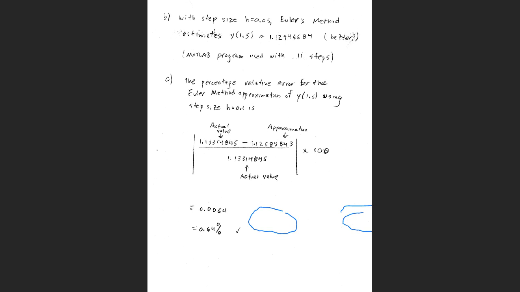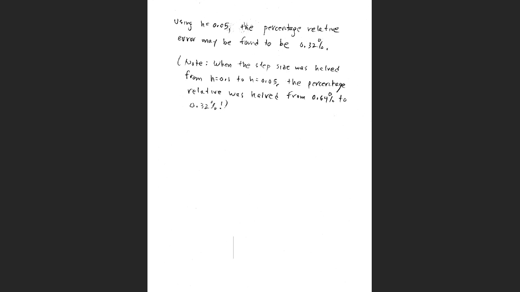Okay. Let's take a look here. Zachary got 0.325%, and Christopher is saying, wouldn't it just be half? And that's right. Very good. Using h equals 0.05, the percentage relative error is found to be 0.32%.